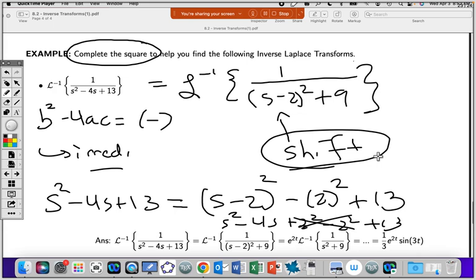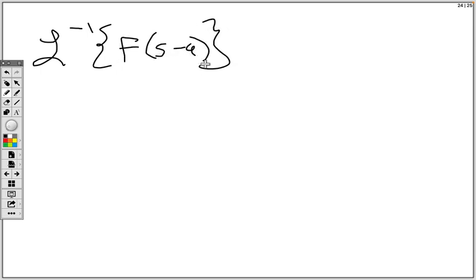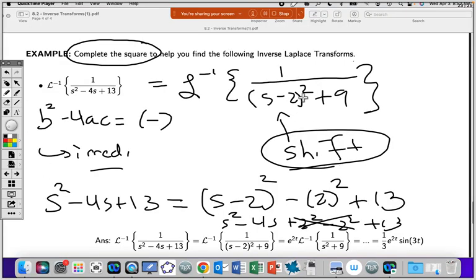So there's a couple different ways to think about that shift. In this particular case, you might just think back to what we did yesterday. The inverse Laplace of f of s minus a is you pull out e to the at and just take the inverse Laplace of what's left over. So in this particular case, the only place we've got an s is in that quantity that's being shifted.